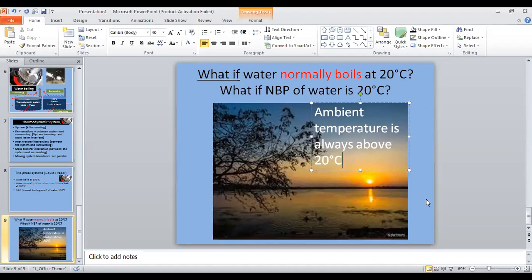If the NBP is 20, of course, there is no water here. There is no water if the NBP of water is 20.